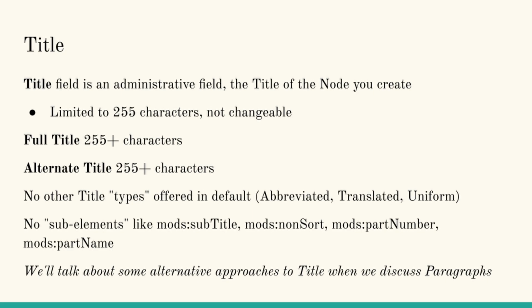And then there's 2 supplementary fields, a full title, which can have more than 255 characters so that you can put your longer titles in there as backup to the node title, and also an alternative title, also more than 255 characters. But those are the only MODS title types that exist in the starter site. And so no abbreviated, translated, etc., and no sub-elements like subtitle, non-sort, part number, although we will talk a little bit about some alternative approaches to making up for those lacks.